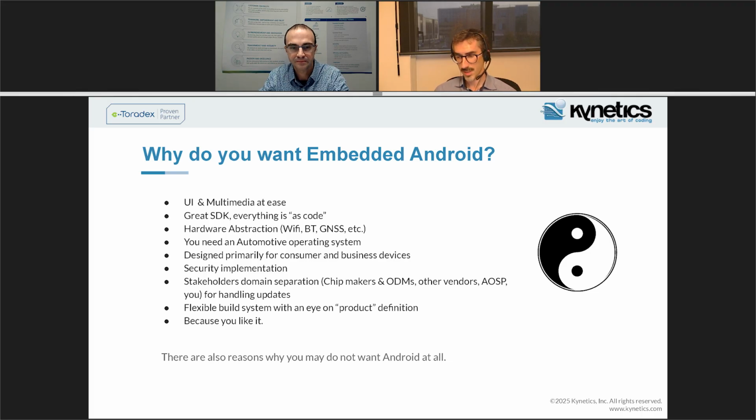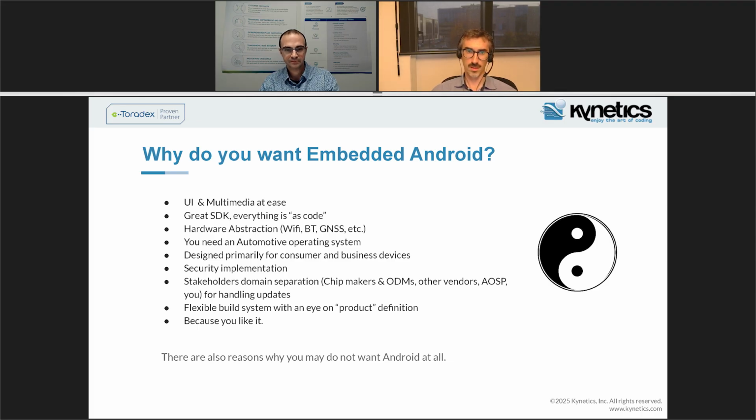The second aspect is a great SDK. The Android SDK APIs cover pretty much everything that is needed to develop an application. So with a single set of APIs, you are ready to develop a full application.